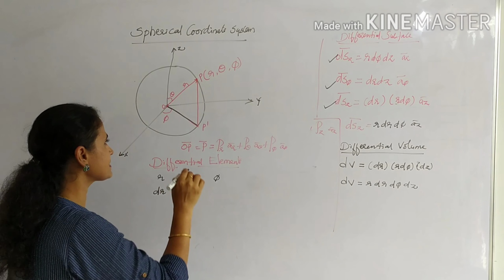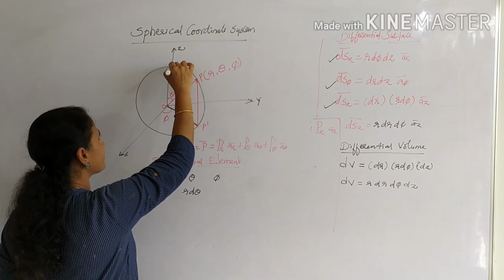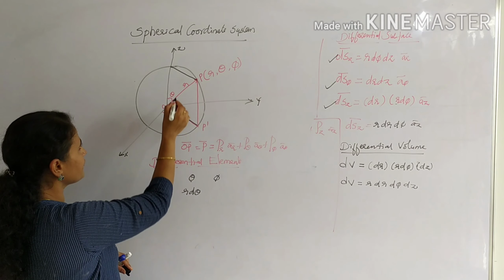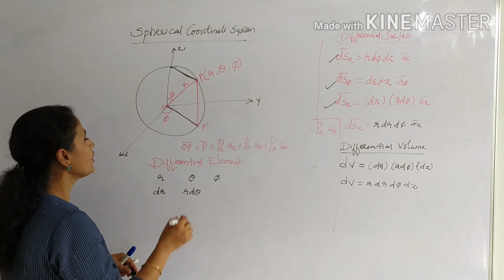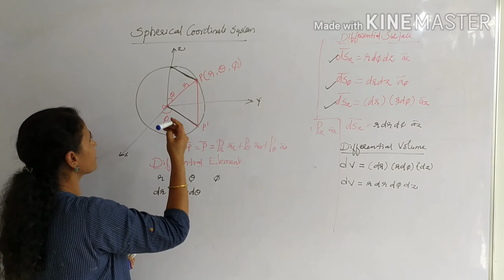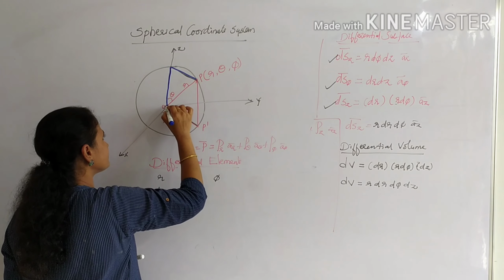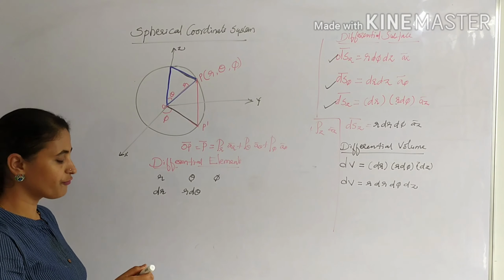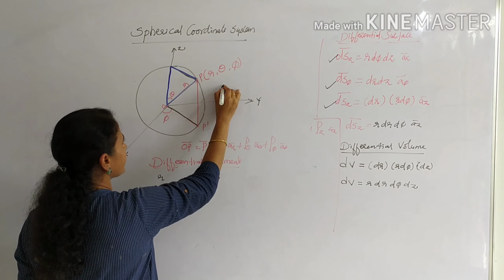What is this line? To find this one, let us apply sine theta.